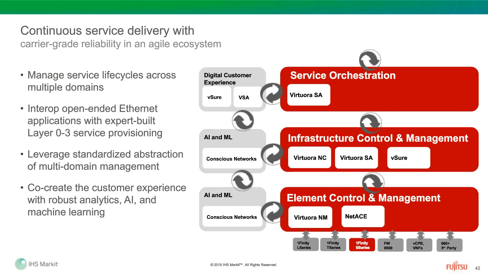And our vSure application provides the closed-loop automation for service on demand and elastic services. Then we also have our network management, NetAce. NetAce supports heterogeneous network environments, including VNFs, our virtual network elements, and our physical network elements, across in the cloud as well. And then we have our Onefinity product line, our blade-based approach that we can disaggregate from a physical network perspective and apply our software solutions that you see here.